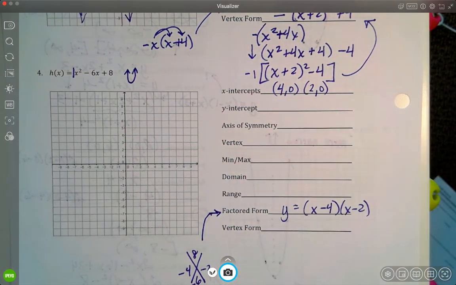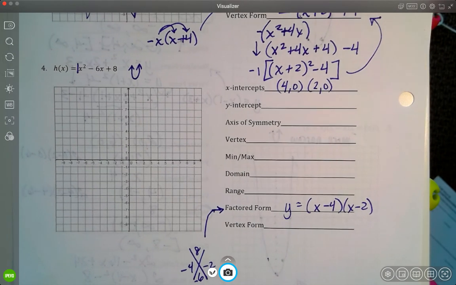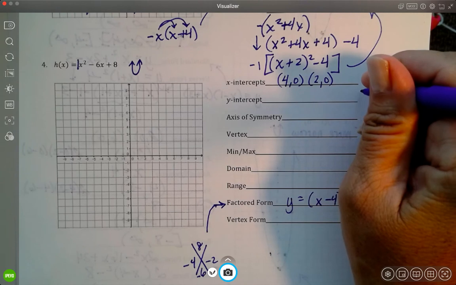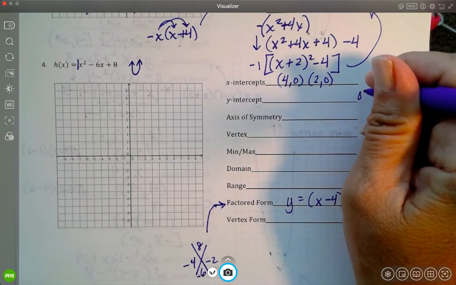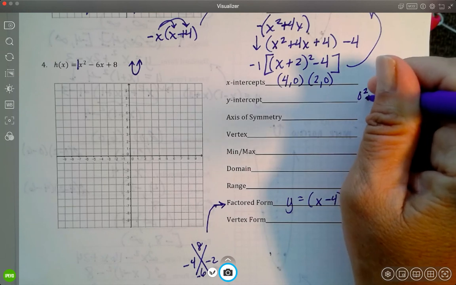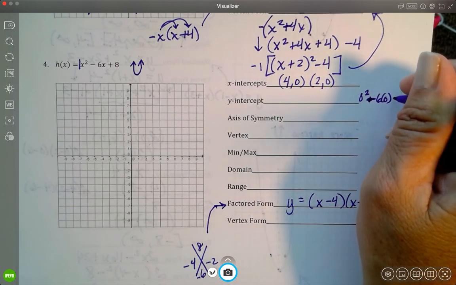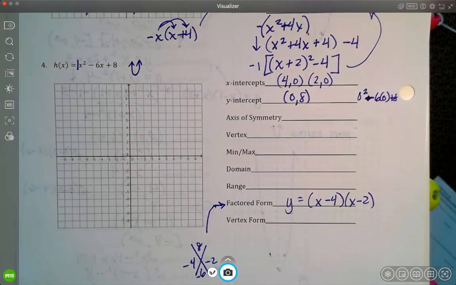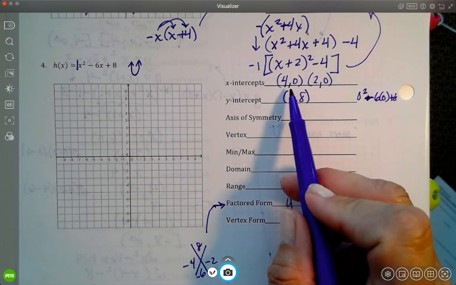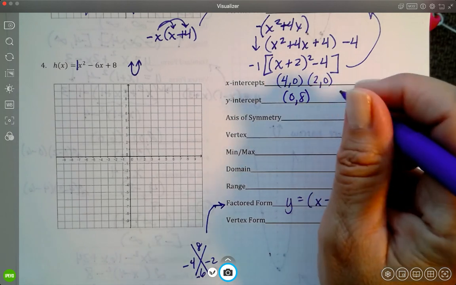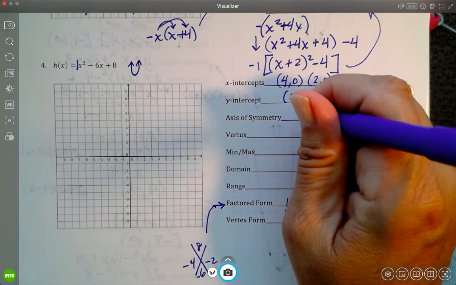Now that means that my x-intercepts are 4, 0, and 2, 0. Okay, my y-intercept is whenever x is 0. So 0 squared plus -6 times 0 plus 8. So I already know that it's 0, 8. My axis of symmetry, remember, is in between my two x's. So what's between 2 and 4? 3. x equals 3.